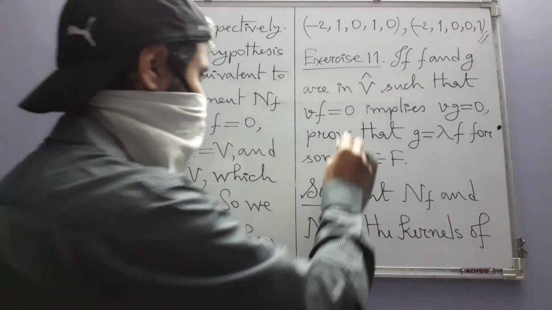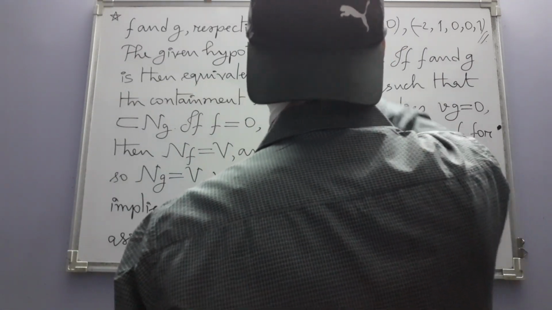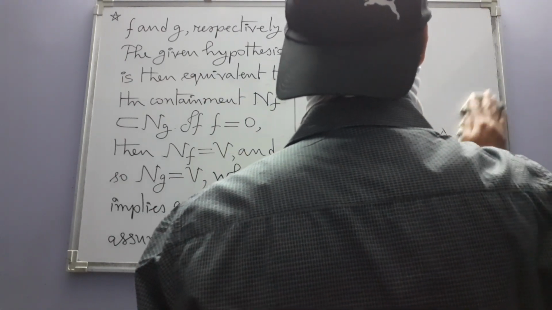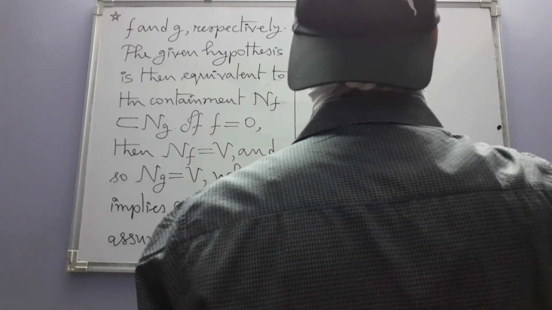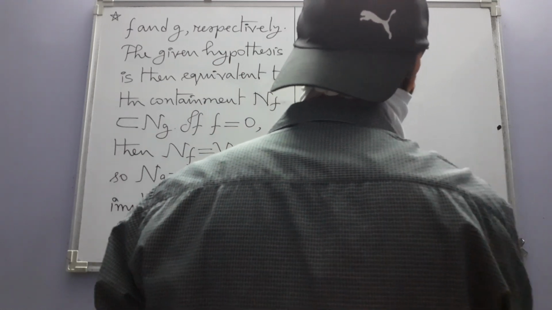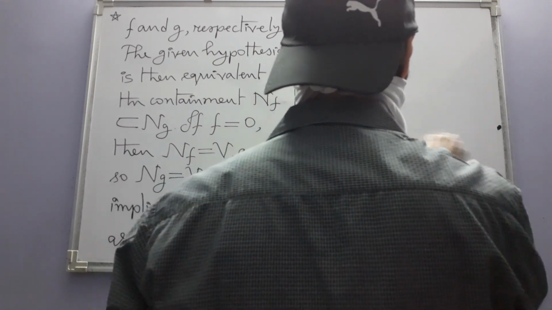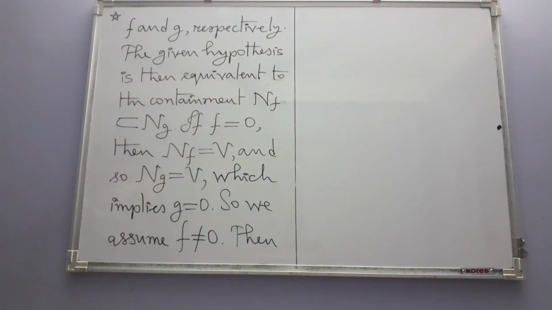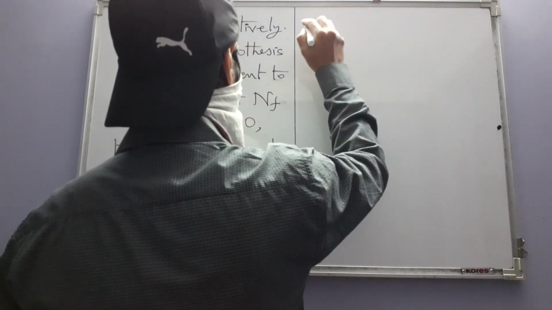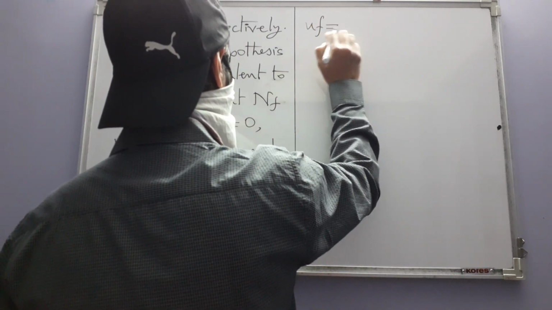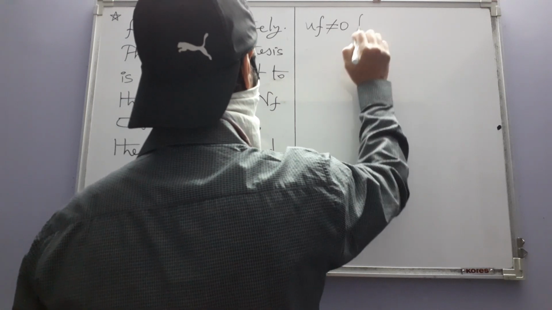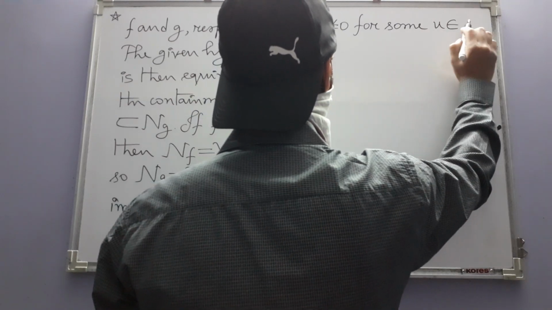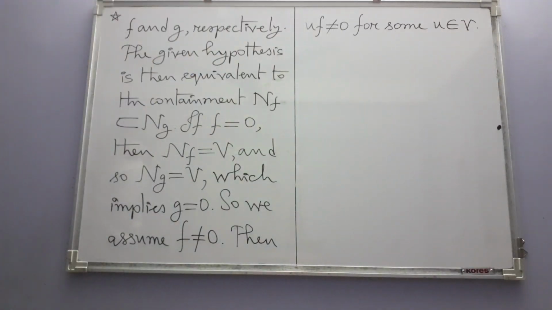So that vector will exist and we are now going to use that. So we are going to write like this. Then uF is not equal to 0 for some vector u in V.